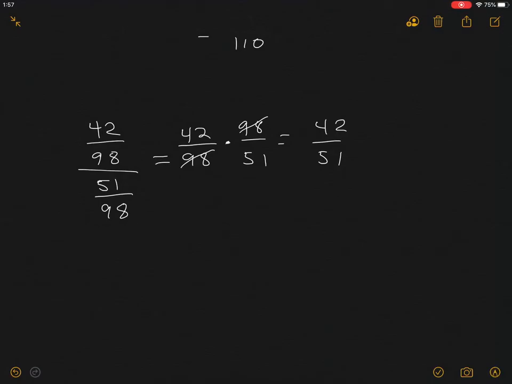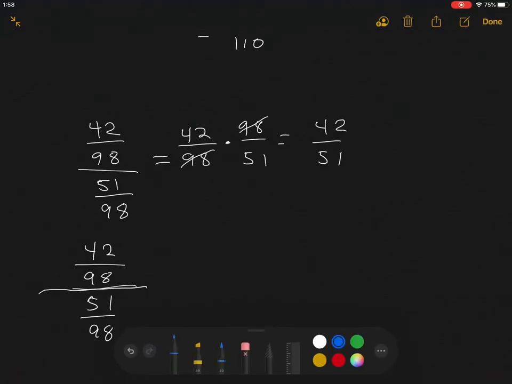You guys remember that we can flip and multiply like that when we divide two fractions. And why can we do that? Let me do one extra step here. When I do 42 divided by 98 divided by 51 divided by 98, I'm going to multiply this complex fraction here by a quantity, and that quantity is going to be 1. Okay, so think about this.